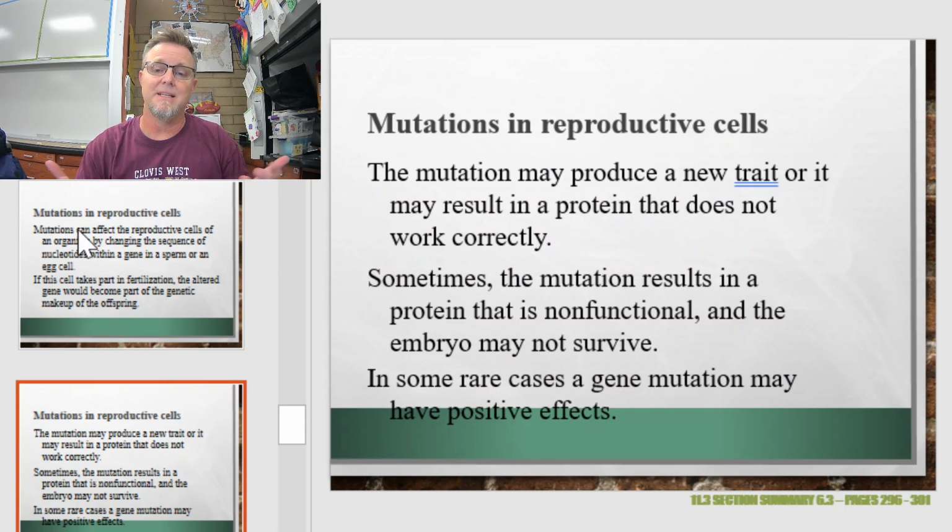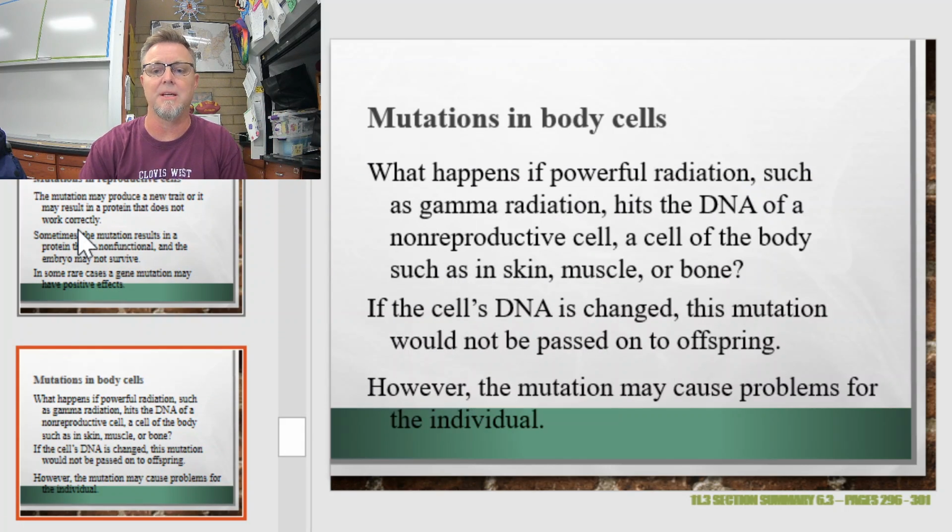The flip side is the protein that doesn't work correctly, and that's where we talk about things like cancer, an embryo that doesn't survive, all of those sorts of things, okay? So there are both good mutations and bad mutations, depending on which one of these you're looking at.